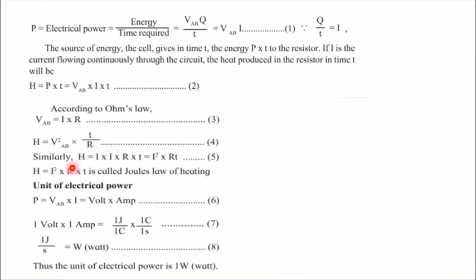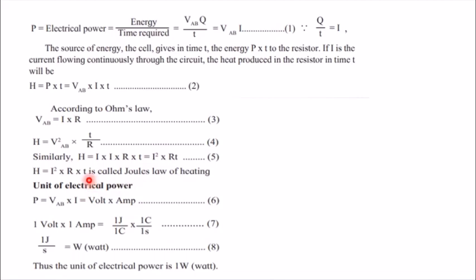Or it can also become H is equal to V into I into t. So V is equal to what? I into R. So this becomes I into R into t. So I and I is I square, that is I square R t. R is the resistance here, t is the time, and I is the current.